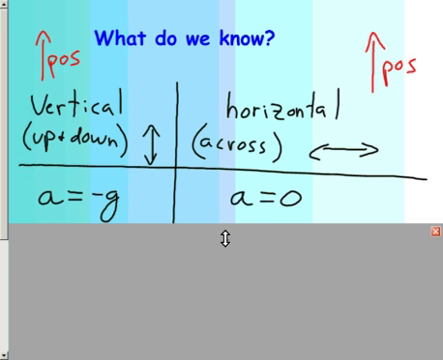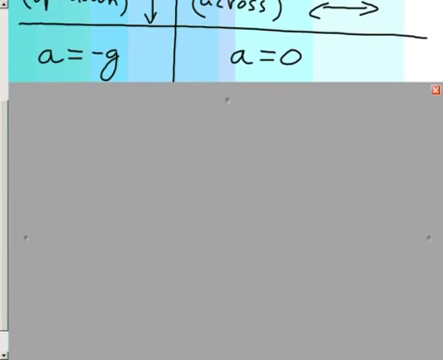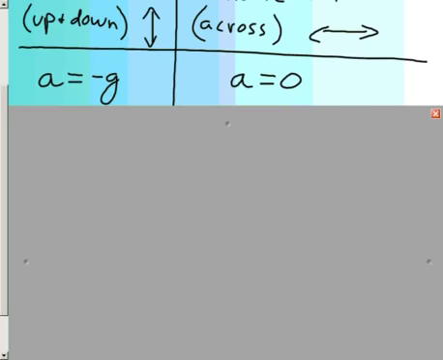If that's the case, then the acceleration, a, is going to be negative g because it's down. And that's obviously in the up and down direction. In the across direction, there's no acceleration. a equals 0. Let me slide this down a little bit so we can remember what direction's what.